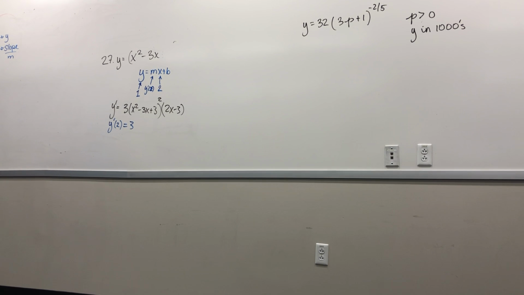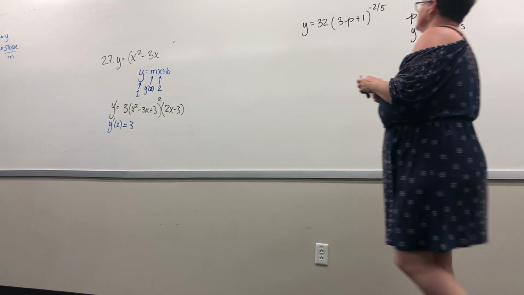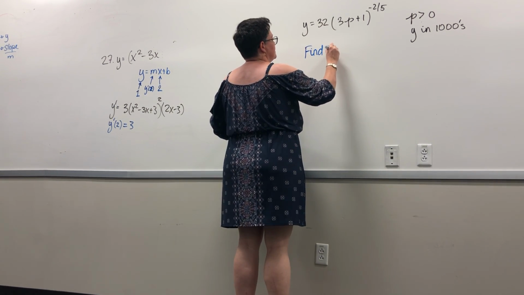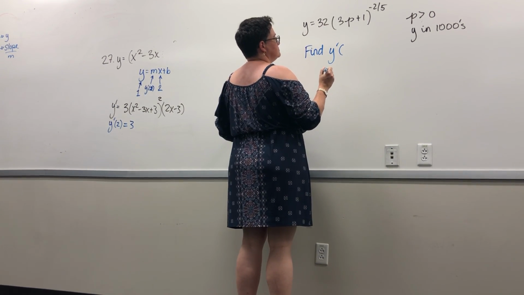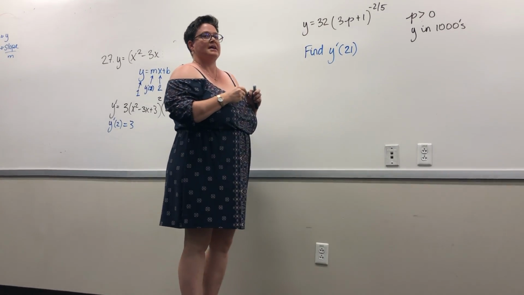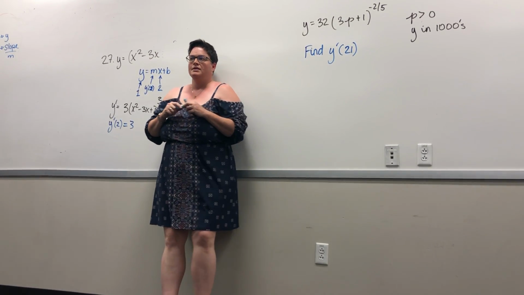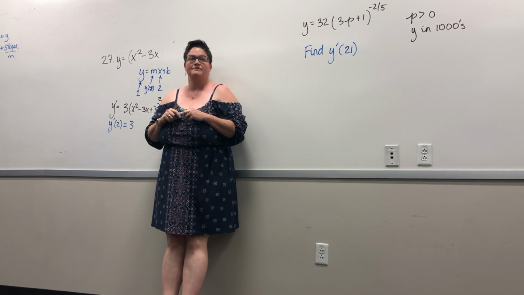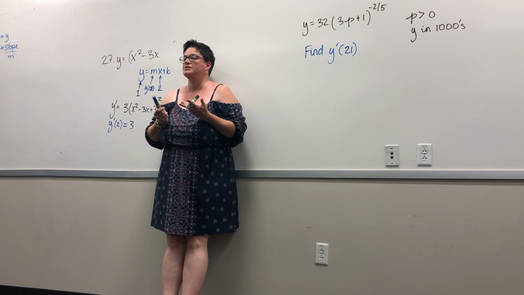What's the rate of change in sales volume when the price is $21? What does it want us to do, guys? Find the derivative and do what to it? Plug in 21. And what does that tell us? If we go from price of $21 to the price of $22, what is that going to do to our sales?